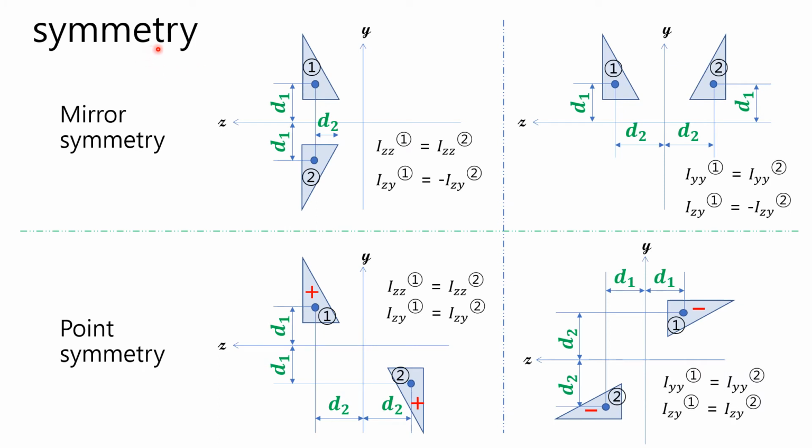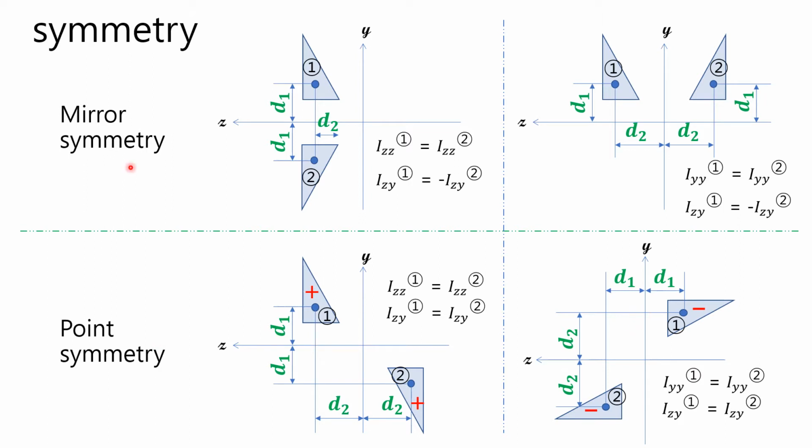Let's look into the symmetric characteristics of the second and product moments of area. The upper 2 figures show mirror symmetry, and the lower 2 figures show point symmetry.